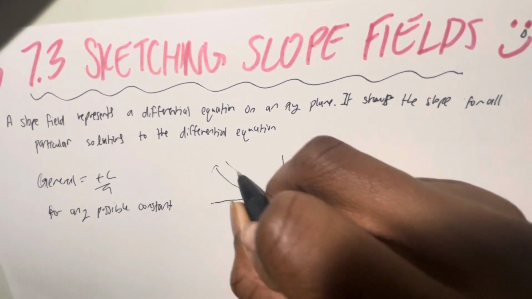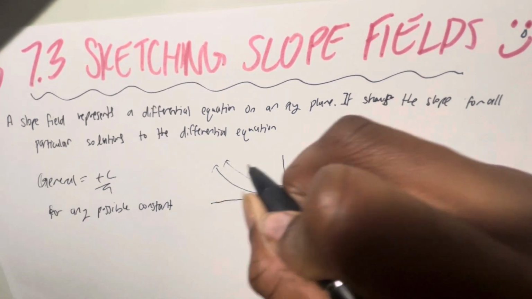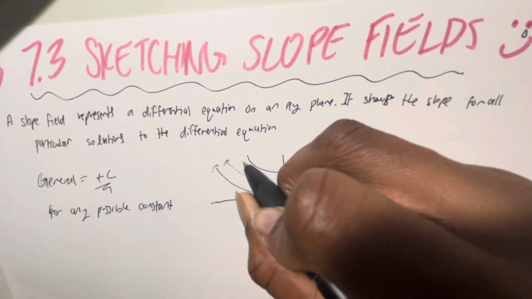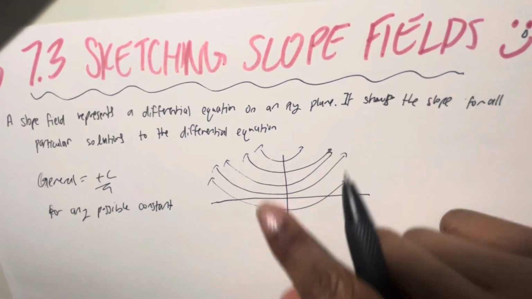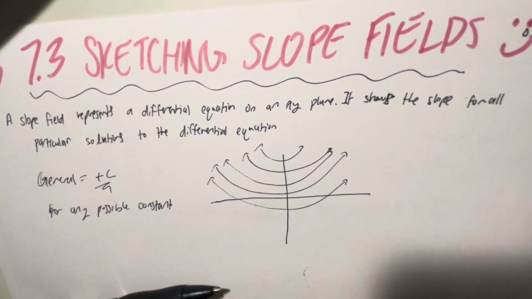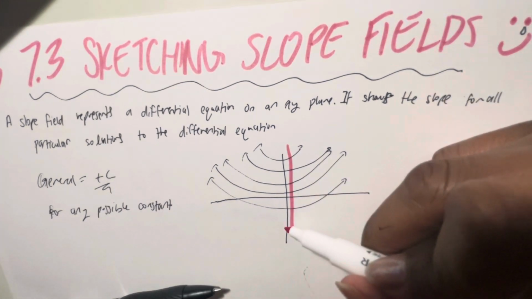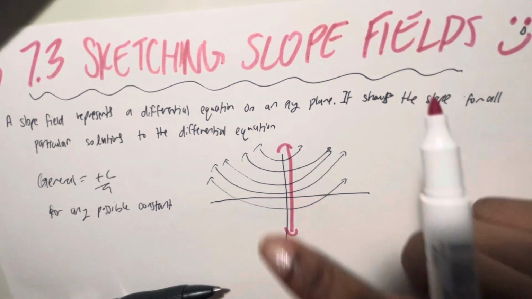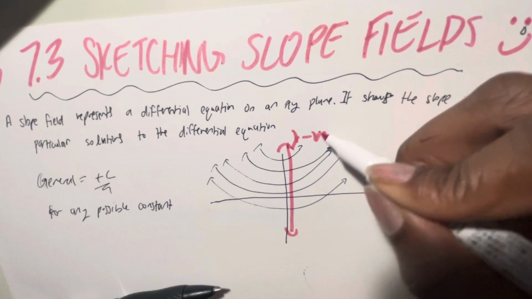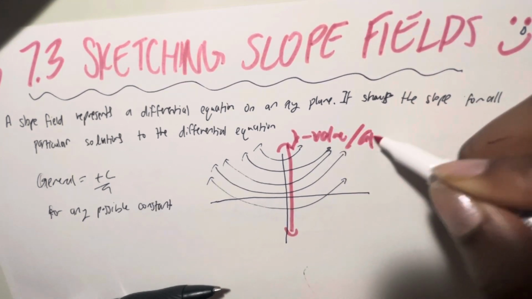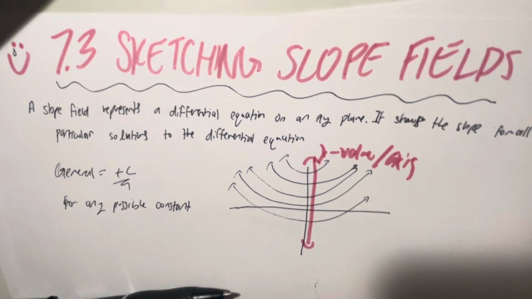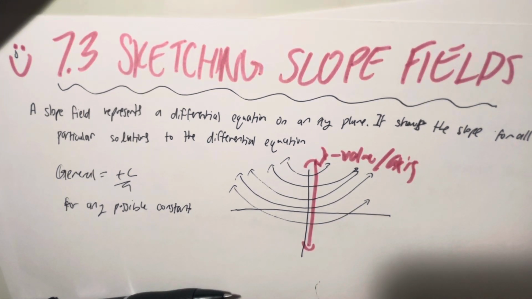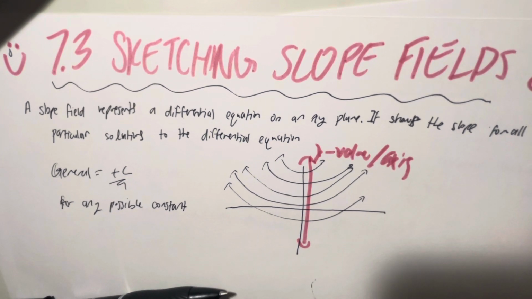Because of plus c, it could quite literally be at any single y value. Plus c will usually make it only shift along the y-axis. So a slope field gives you the slope of all particular solutions.